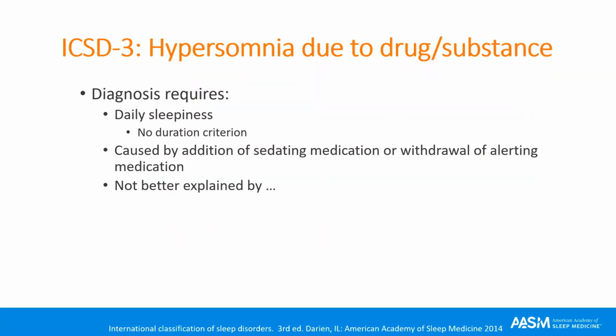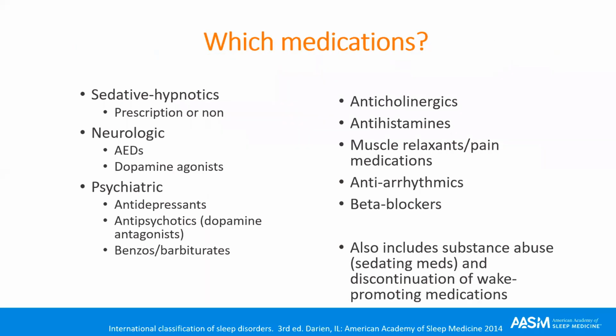Then there's hypersomnia due to a drug or substance. There's actually no duration criterion here, so the 3-month criterion that you heard in the other ones is not present here, but you have to have sleepiness every day, and it has to be caused by a medication. Again, lots of things on this list. There's lots of medications that are sedating, including ones that are prescribed really, really commonly.